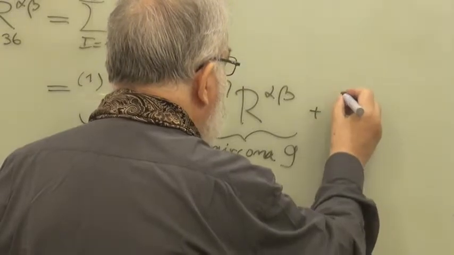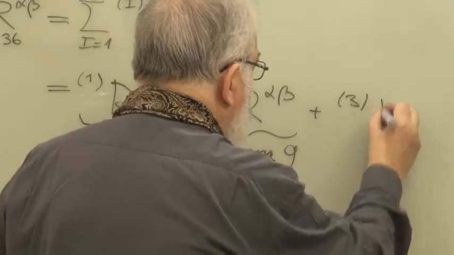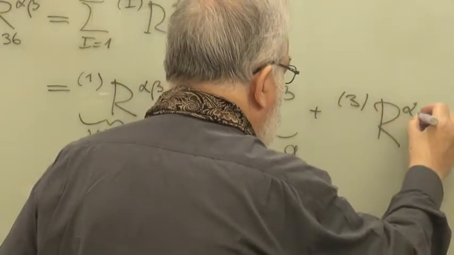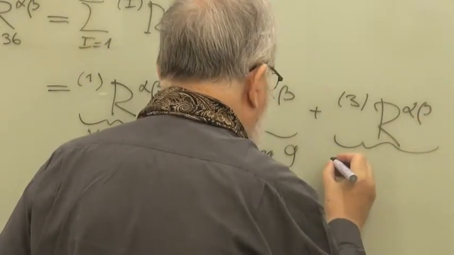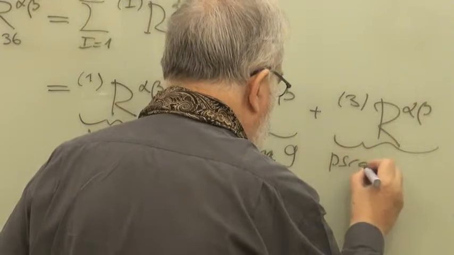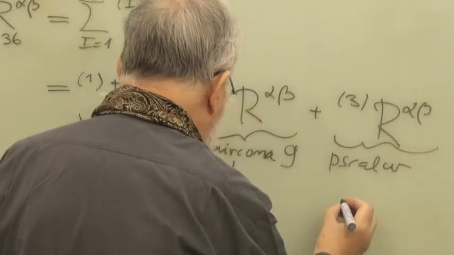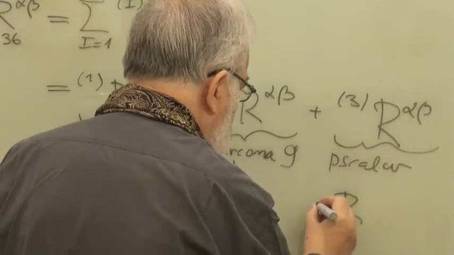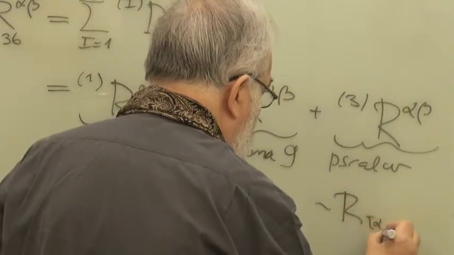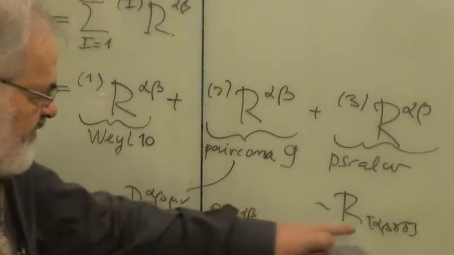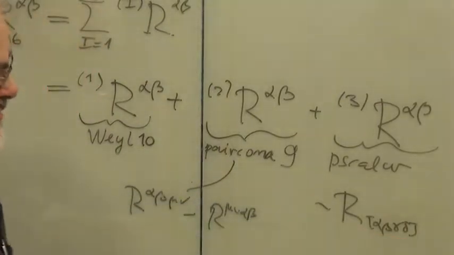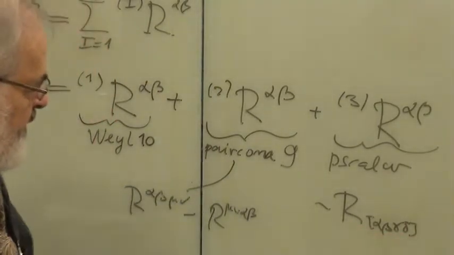And the third one is very easy to explain, R alpha beta. It is what we call the pseudo-scalar. This is just proportional to the totally antisymmetric piece of R in a Riemann-Cartan space. You can build a totally antisymmetric piece, and that this is irreducible is clear.